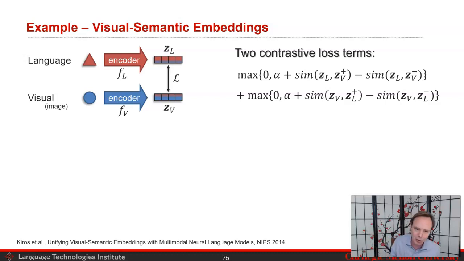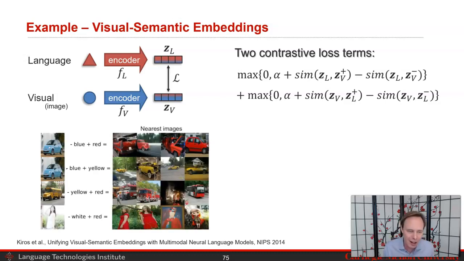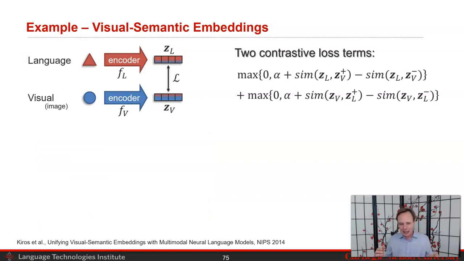It's the same contrastive loss, but done both ways. If you do that, that was one of the papers that really changed the field and really brought a lot of interesting things. What they did, before I show the result, is that they learned image and language embeddings this way through contrastive learning, and then to show whether the spaces are really close to each other, can I do, in fact, arithmetic with it?